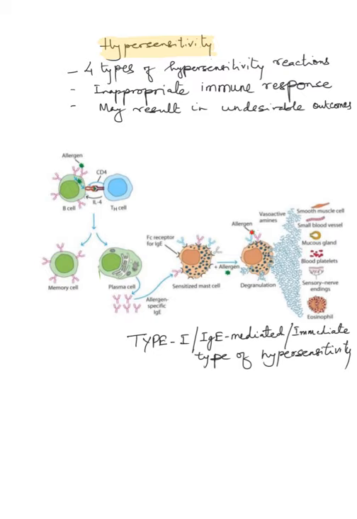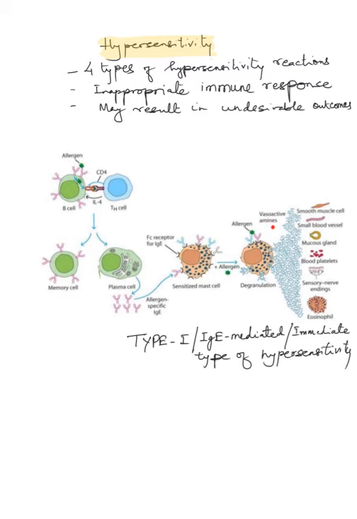As the allergen binds to these IgE molecule, because of their cross-linking, the degranulation of the mast cells and the basophils happens, which release number of vasoactive amines like bradykinins, cytokines, histamines, and all such molecules, leukotrienes, they will be produced.